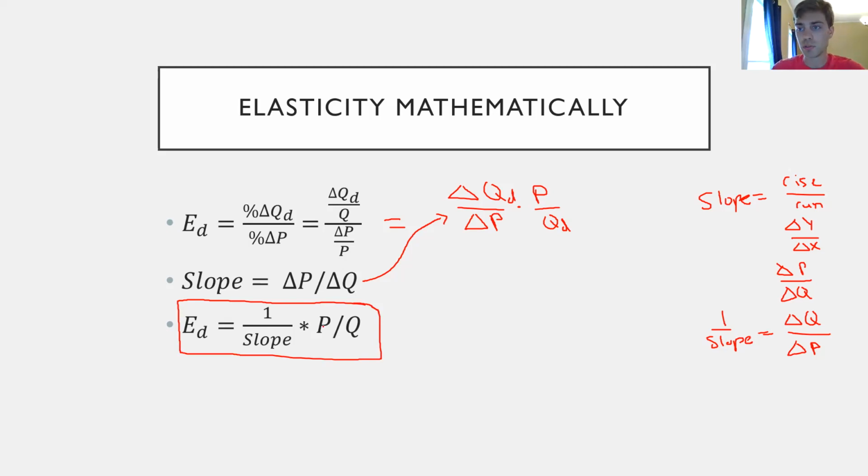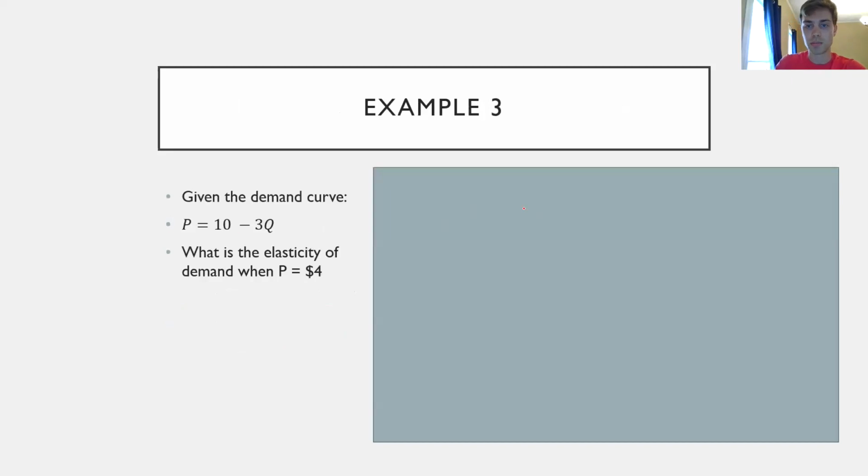This is going to be useful because now we can take the slope with a price and quantity and figure out what elasticity of demand is. Let's look at an example. I'm going to write out our new formula for elasticity of demand right here so that we don't forget it: 1 over the slope times price over quantity.